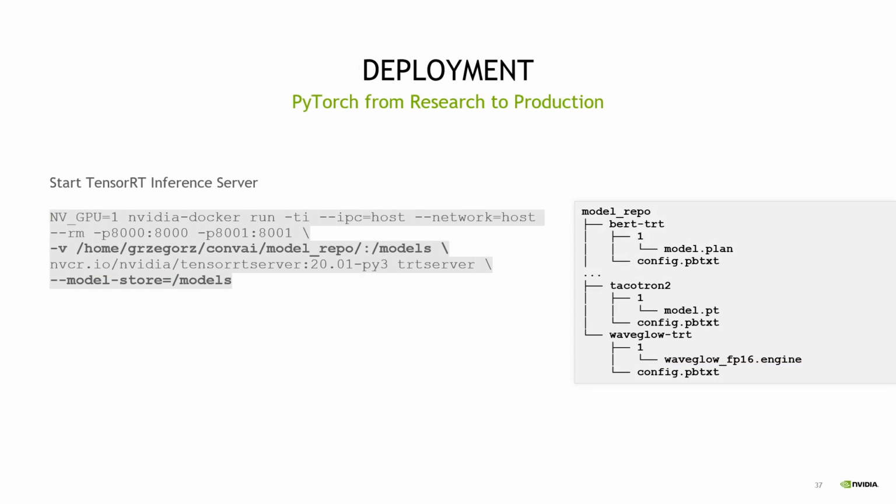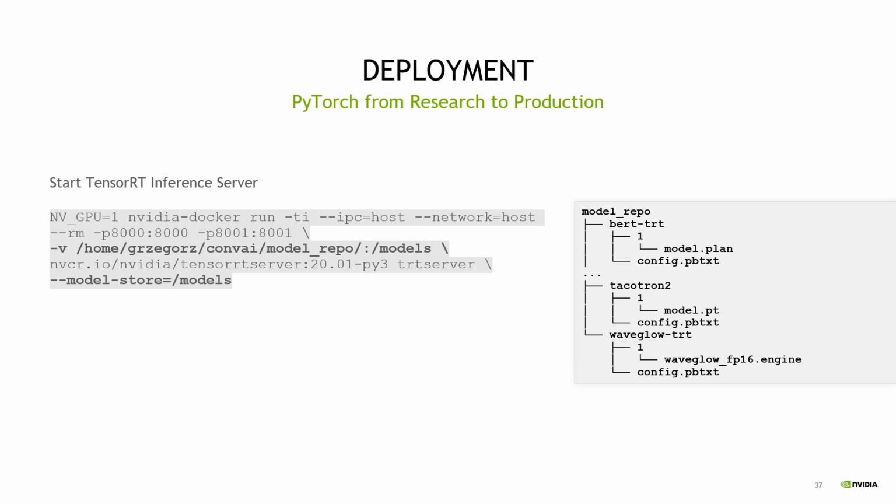In order to deploy our conversational AI, we need to provide a special directory structure for the Triton Inference Server, and in this case, each model has a separate subdirectory, as you can see on the right side, and a corresponding configuration file.